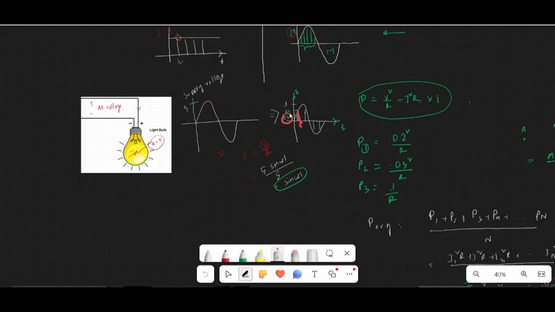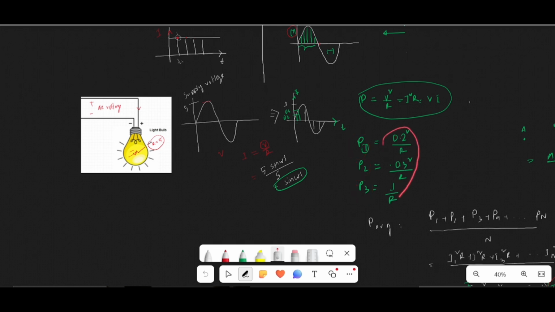If we take this point at T2, we get I value 0.03. If we take this point, we get I value 1. So at this point, power P1 will be 0.02 squared times R, P2 will be 0.03 squared times R, P3 will be 0.01 squared times R. You may notice here that each time the power is changing.